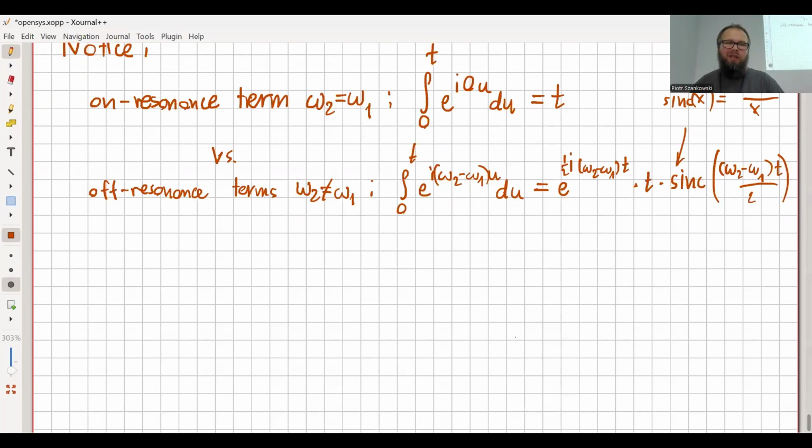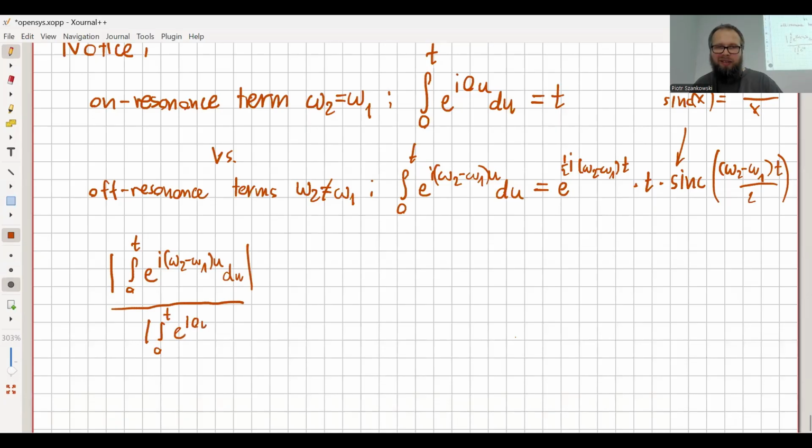So in other words, if you compare off-resonance terms with on-resonance terms, you get sinc of omega 2 minus omega 1 t divided by 2.